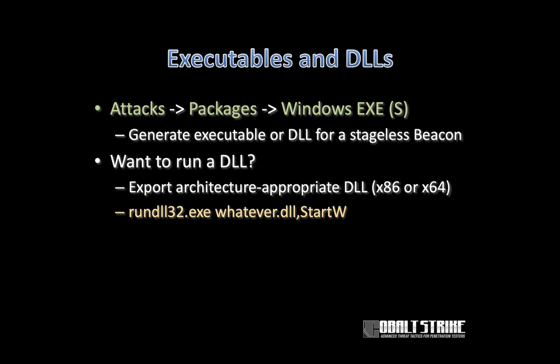When you export a DLL via this menu, be aware that you have the option to use Rundll32 to kick it off. To do that, just use Rundll32 to run the exported function StartW. When you use Rundll32 in this way, make sure that you generate a DLL that is an architecture match for the Rundll32 you're running. So if you're running a 32-bit Rundll32, use a 32-bit DLL. If you have a 64-bit Rundll32, use a 64-bit DLL.